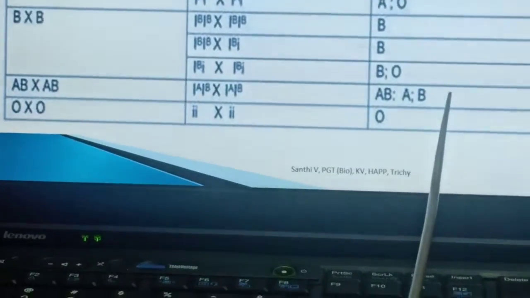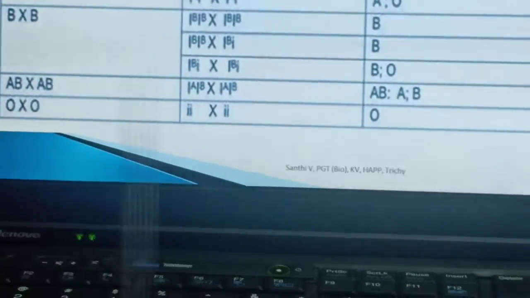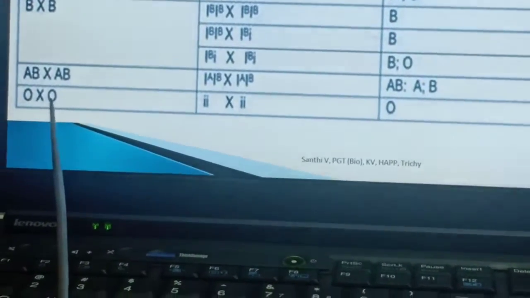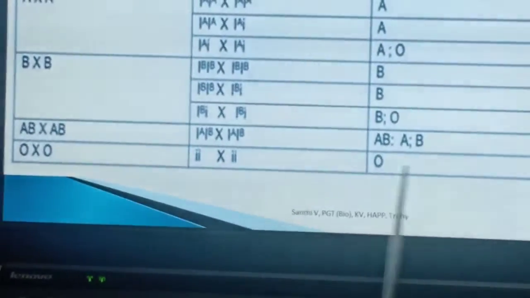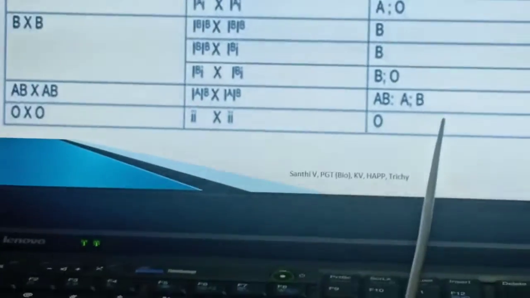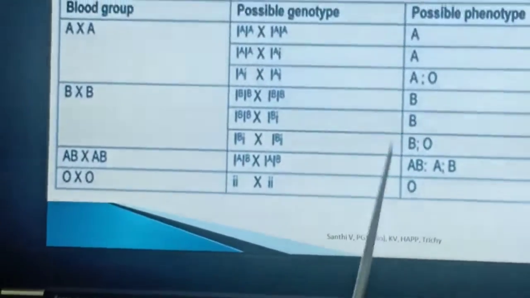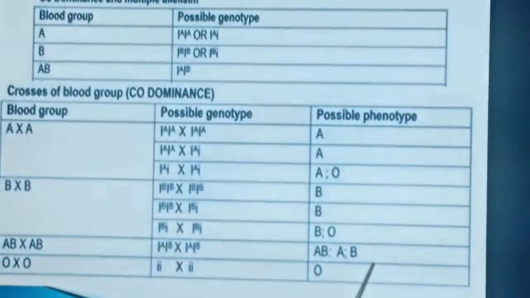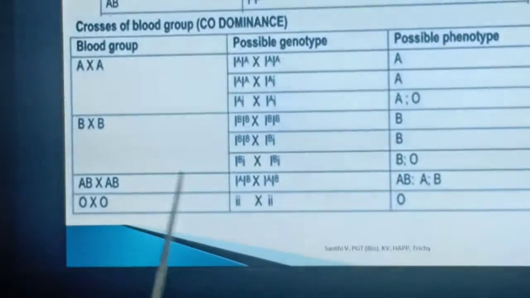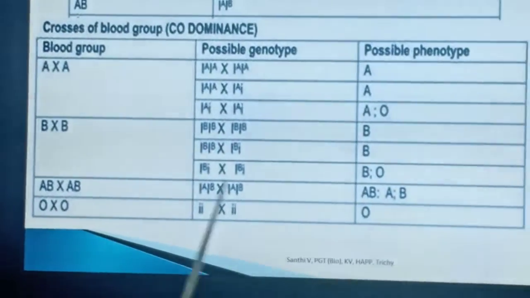There is no possibility of O blood group children. When both parents are O, they can produce only O blood group children. There is no possibility of other blood groups. So by seeing the blood group, we can determine the offspring's blood group or the parents' blood group. If either is available, we can determine the other.